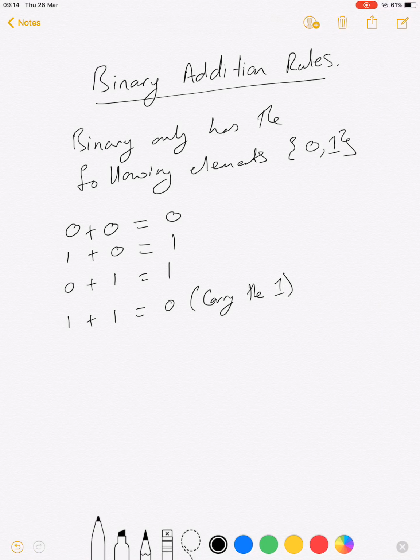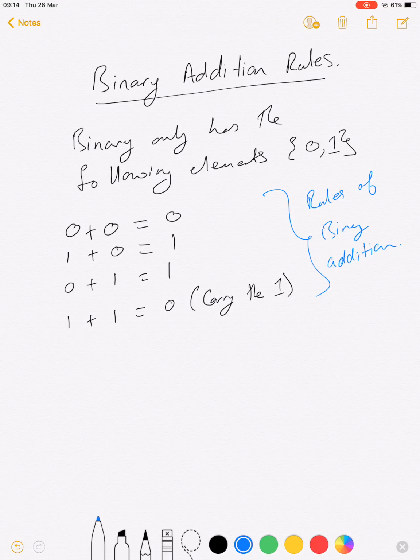Just like in decimal, when we get past a certain threshold, we have to carry into the next unit. So these are our fundamental rules of binary addition.